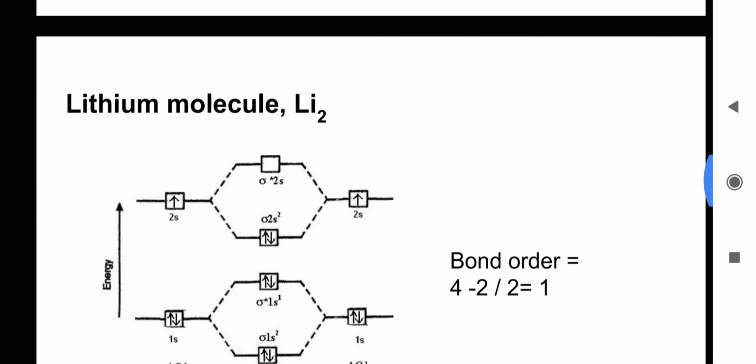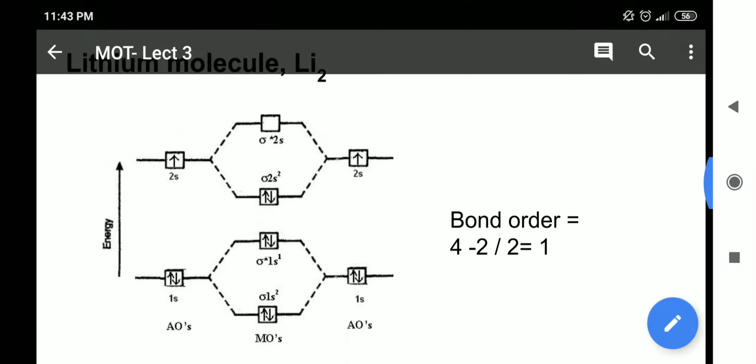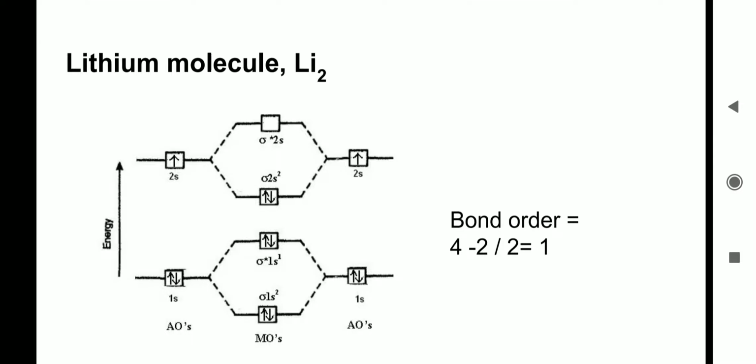On similar lines, we can draw the molecular orbital diagram of lithium. Lithium atom has the electronic configuration of 1s2 and 2s1. Now 3 electrons are present in each atom and the total number of electrons in the lithium molecule will be 6. We have to accommodate the 6 electrons in these 4 molecular orbitals, which are sigma 1s, sigma star 1s, sigma 2s and sigma star 2s.